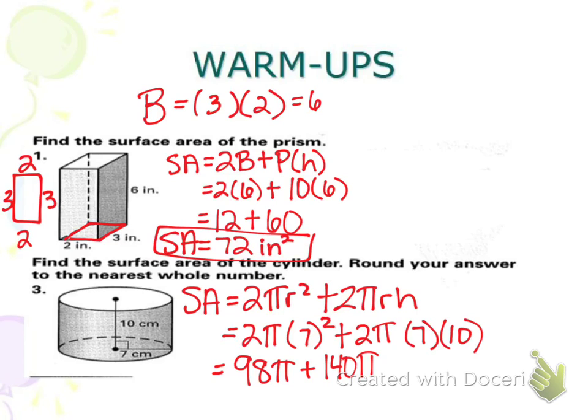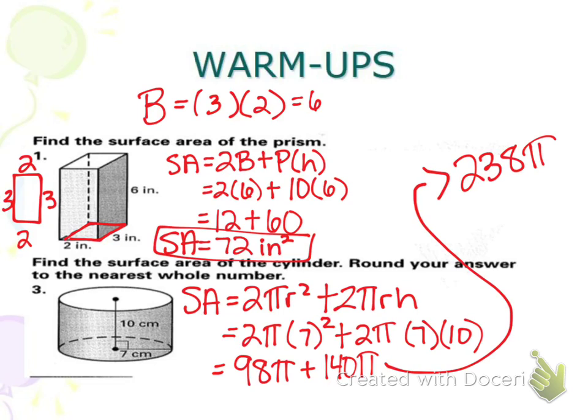Okay, we've got to add our pis together. 98 plus 140, 238 pi, and then they wanted it rounded to the nearest whole number, so we'll go ahead and multiply and then round. 748.